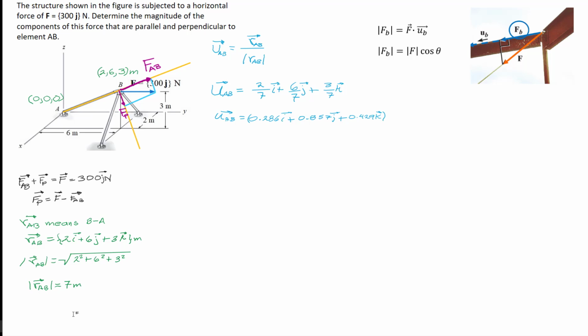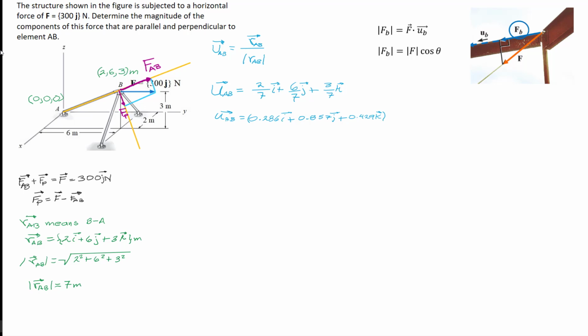Okay, let's continue. Our original formulation is here at the top, and it says that we can find the force that is acting on the same line of action of my yellow line, in this case AB, from the component AB.